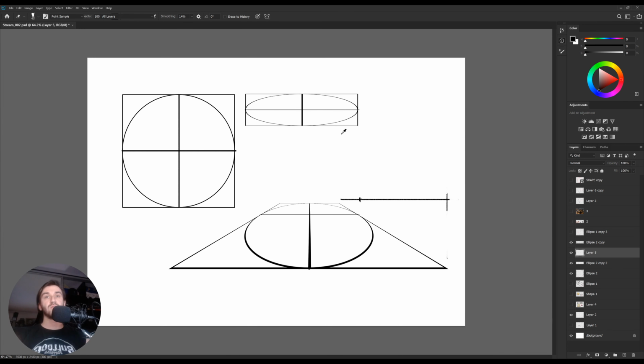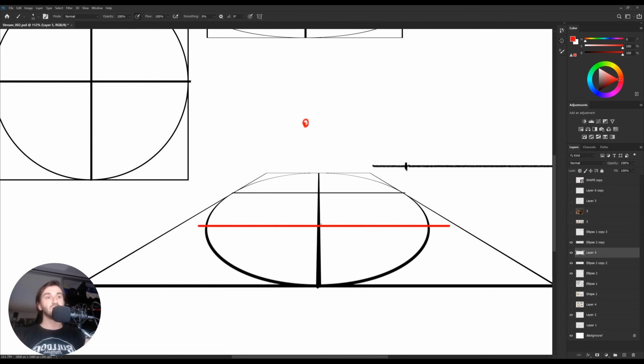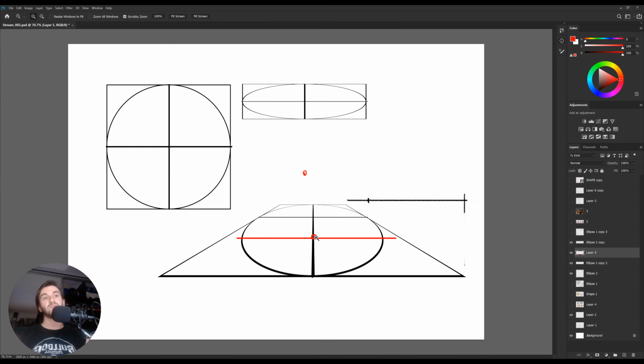And this is one of the mistakes that I mostly see beginners make. They still try to treat the point where the long axis and the short axis cross as the exact middle of the ellipse, when in reality it's not the exact middle. If I place a line that is actually a long axis, it will still be exactly in the middle of an ellipse, but this point in perspective is not actually in the middle.